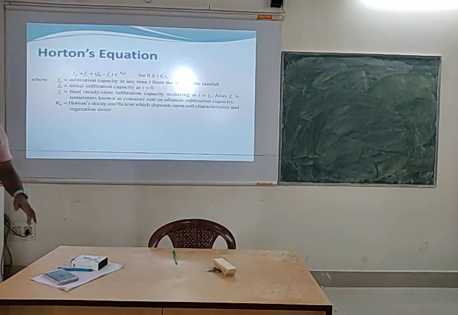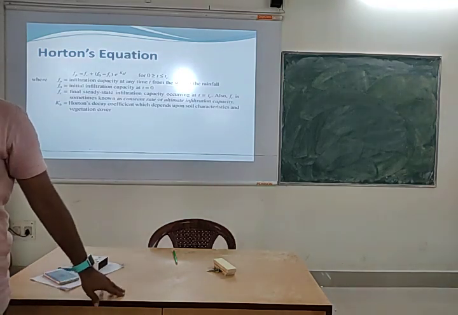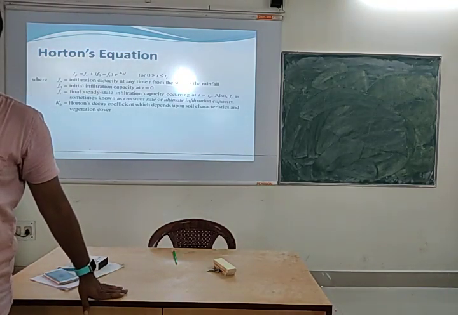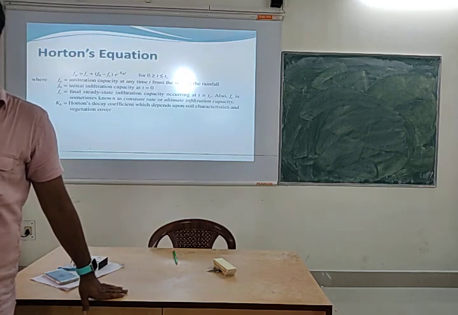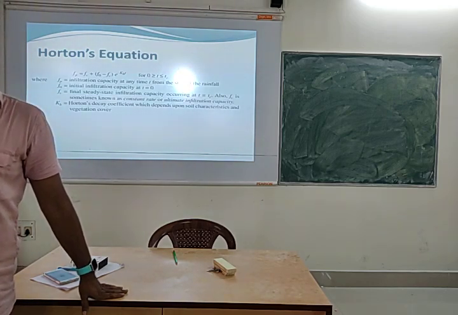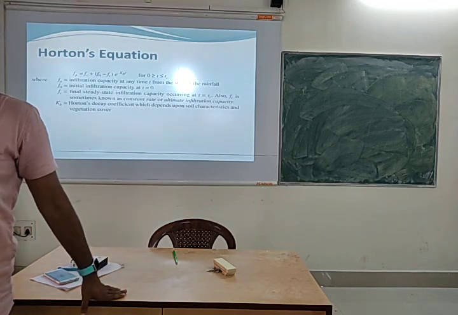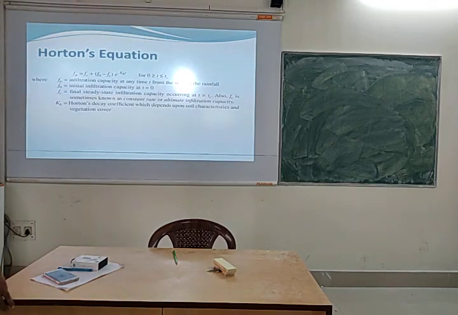If your soil is dry, the infiltration rate will be higher when you start the experiment, because the water will be absorbed by the soil faster as it is dry. After saturation, the infiltration rate will not be maximum; it will be fixed and will not vary. A lesser amount of infiltration will be there, a steady infiltration rate.